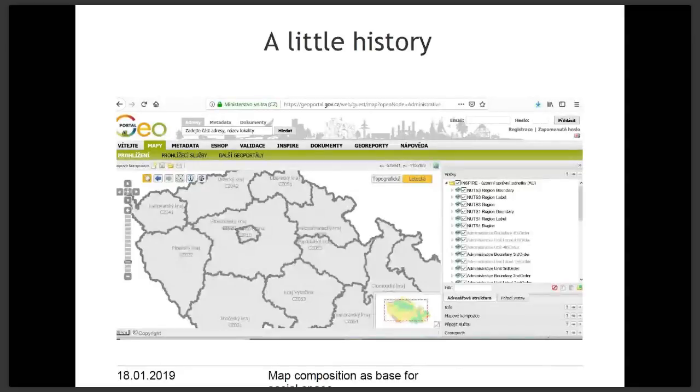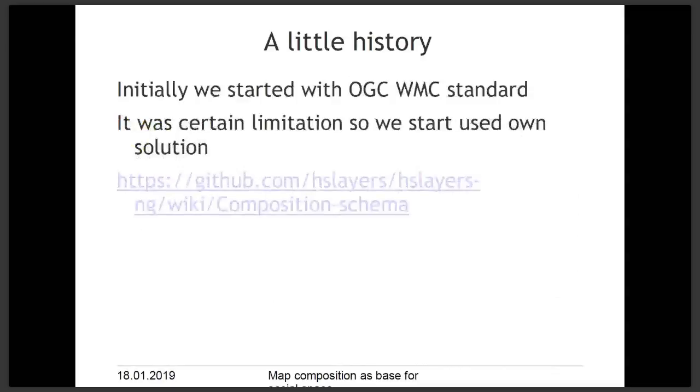At the time when we developed this Czech INSPIRE geoportal, we started with the OGC standard Web Map Context. This standard is now almost dead because it had some limitations, and because we recognized this, we started to work on our own solution and designed a schema to describe the map composition.